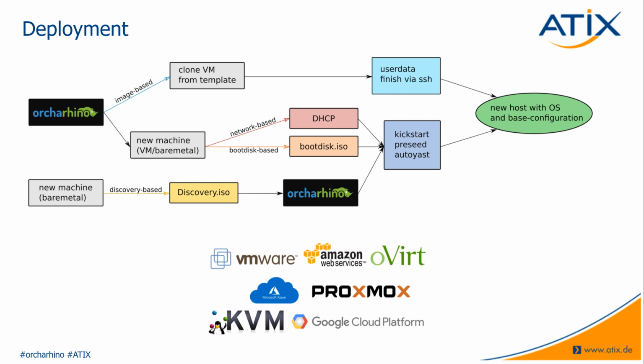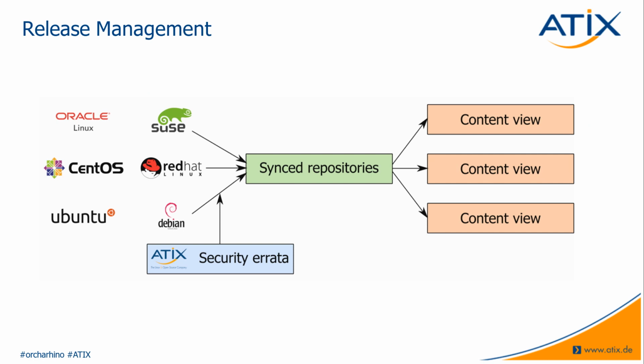After your hosts are installed, deployment is not important for them anymore. So we go over to the next topic, release management. If you want to, you can use orcharhino to synchronize repositories and provide them to your hosts, but not only provide them, but do this in a well-controlled way, in a way that you can create snapshots of your repositories at certain dates, so that one host only receives the snapshots of a certain date.